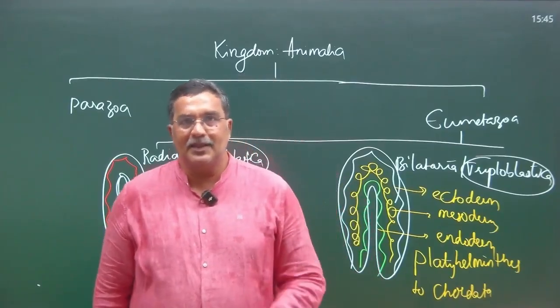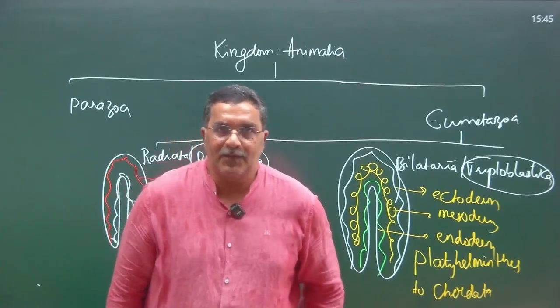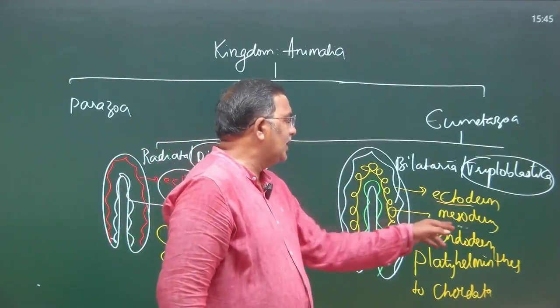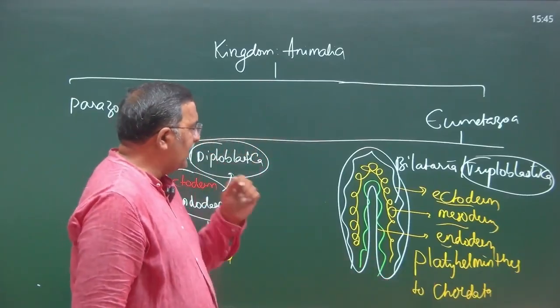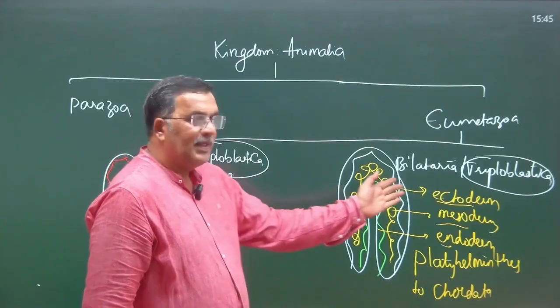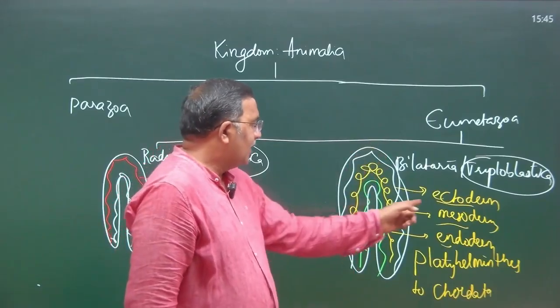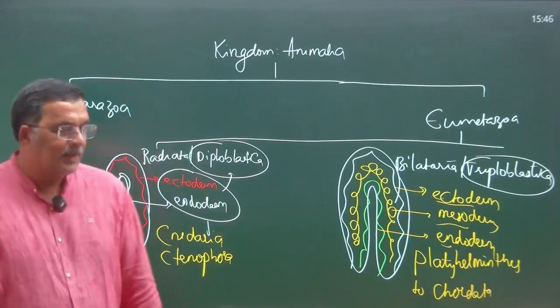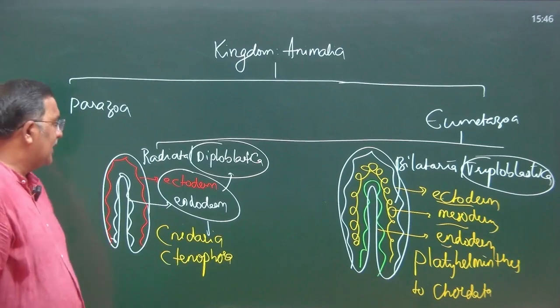So every organ, every system of the body is formed from one of the three germ layers: ectoderm, endoderm, and mesoderm. Finally, if three germ layers are present, it is triploblastica: ectoderm, mesoderm, endoderm. Examples: phylum Platyhelminthes to Chordata.